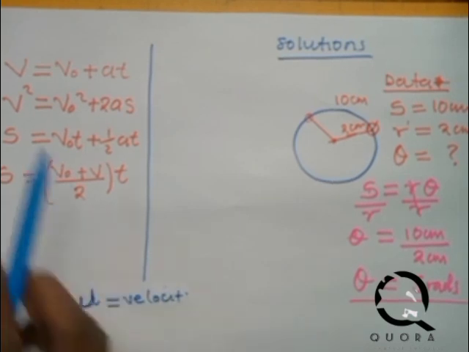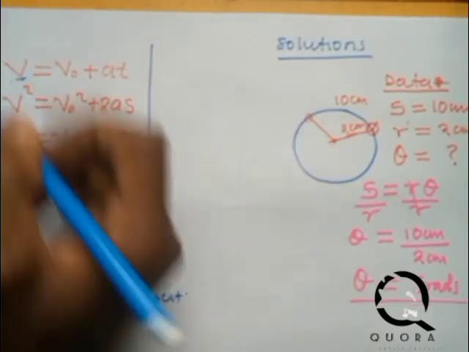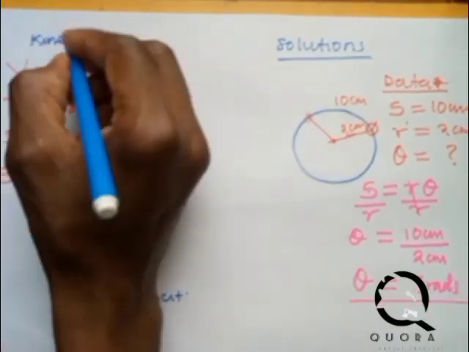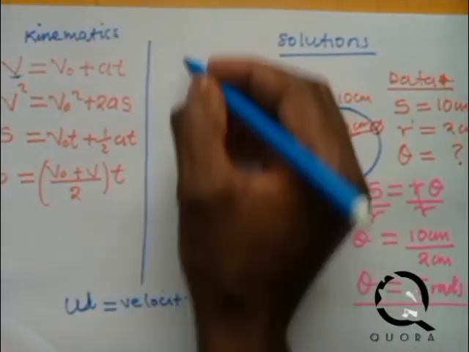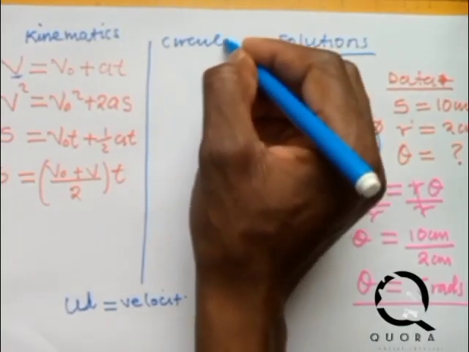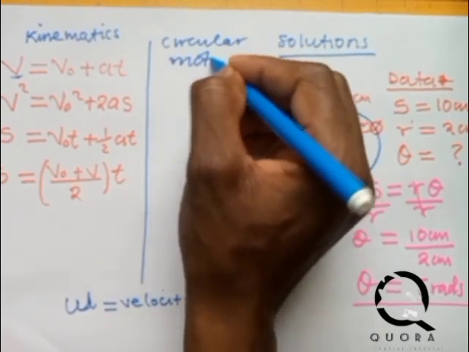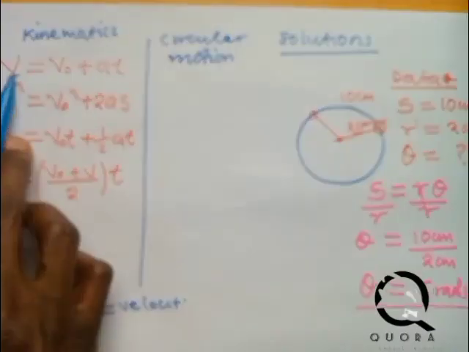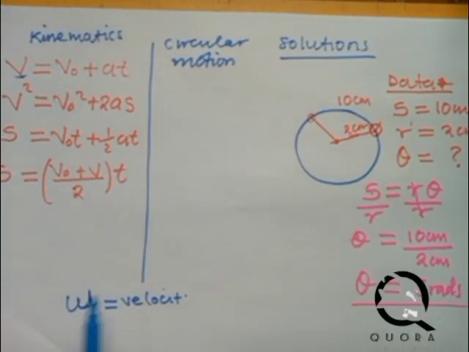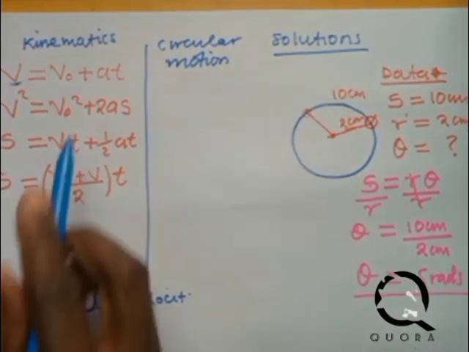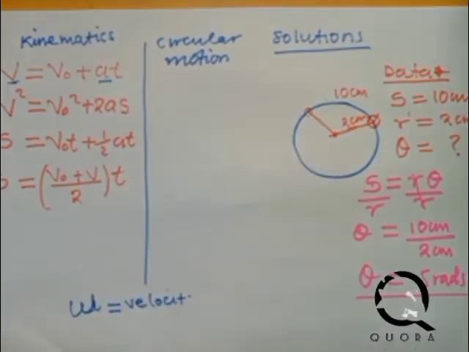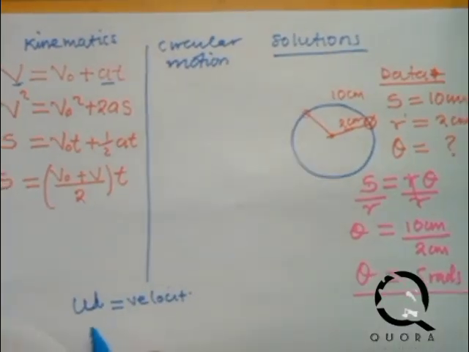Okay, remember I'm saying V here for kinematics. Let me write kinematics. Then here I'll say circular motion. So V under kinematics, if you come to circular motion, has to be changed to what we call omega. Acceleration, here it is denoted by letter A, but for circular motion, we are going to denote it by letter alpha, which is something like this.